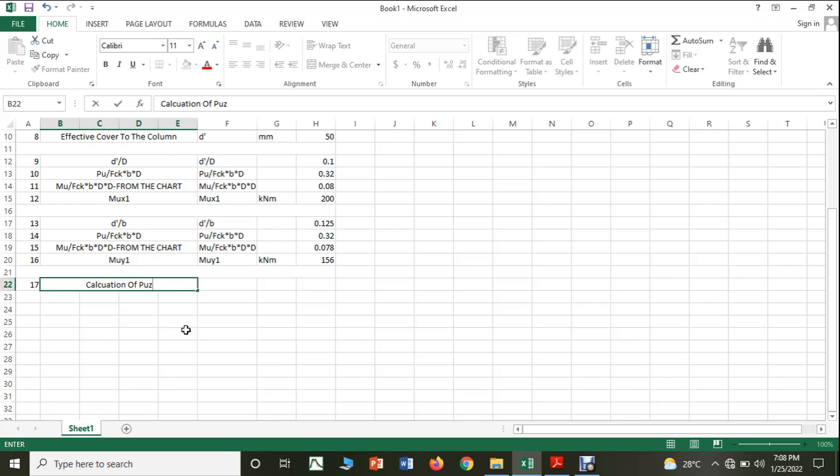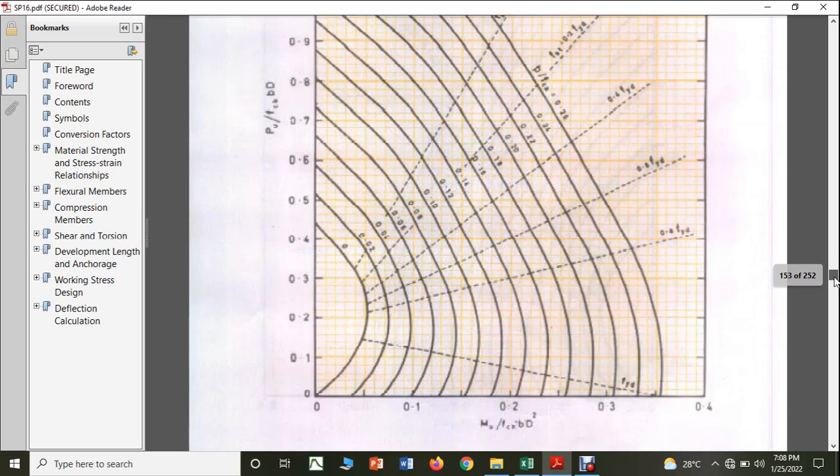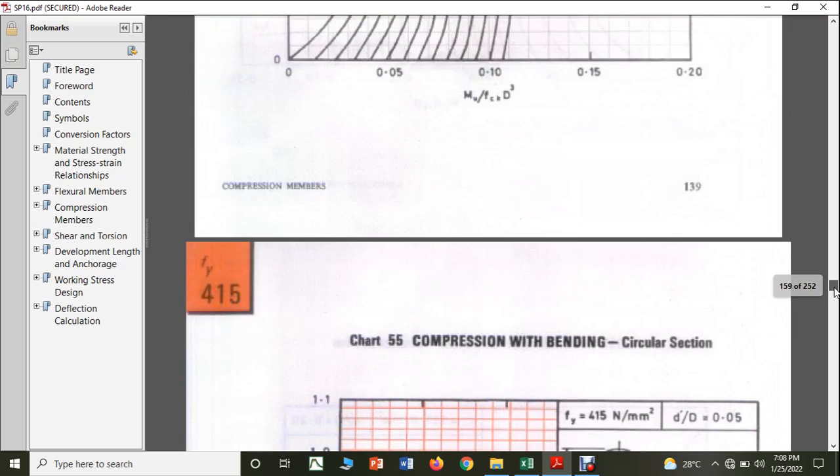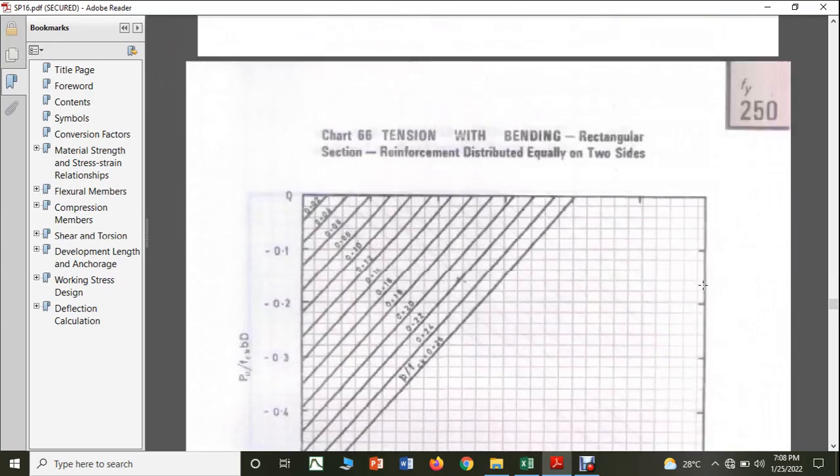Okay, calculation of Puz, right? Now we have to go to chart 63. As per the theoretical procedure of the design of column, go to chart 63 now.